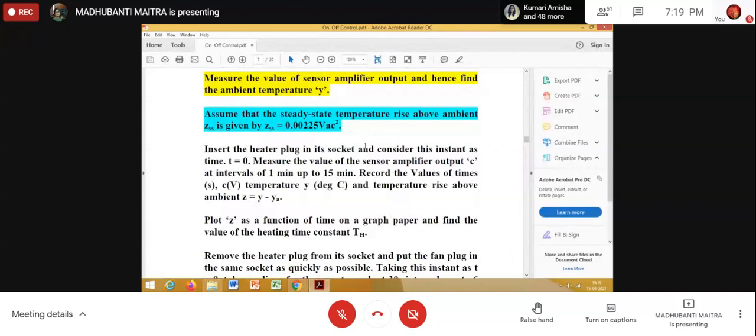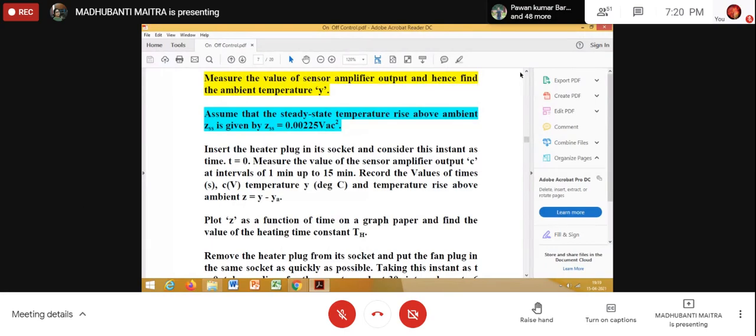Now we'll have to find the steady state temperature rise above ambient. The steady state temperature rise above ambient will be denoted by Z, and it can be calculated with this empirical formula, which is 0.00225 V that we have measured.